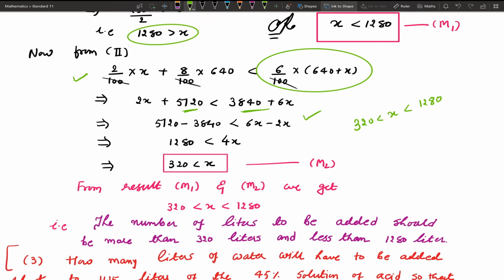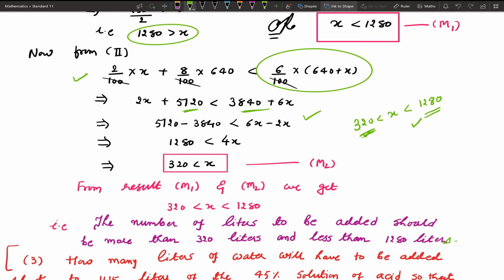So from result M2, 320 less than X. From result M1, X is less than 1218, and therefore the number of liters which we have supposed X to be added should be more than 320 liters, and less than 1280 liters.